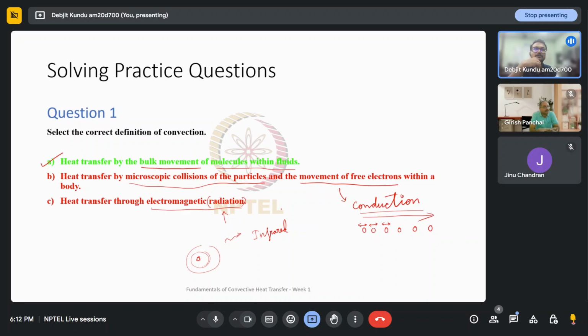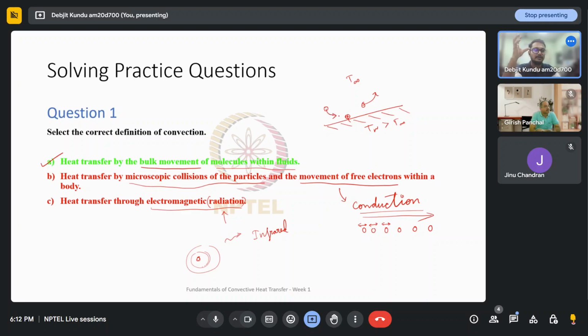And the main focus of our course would be convection, which is through bulk movement of molecules within fluids, or the fluid mass itself. We will go through several examples in detail of this, but mostly what it means is that if there is some surface at a higher temperature, let's say T wall, which is higher than T infinity, the temperature of the fluid surrounding it, then molecules of this fluid come near this, get heated, and these molecules get transported as well, and newer molecules also come in contact.